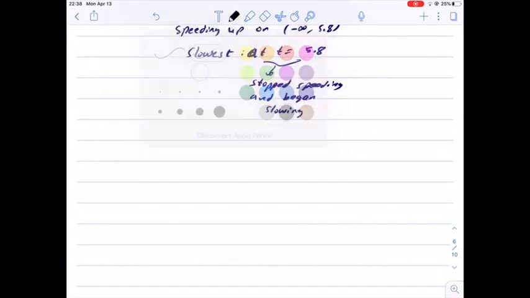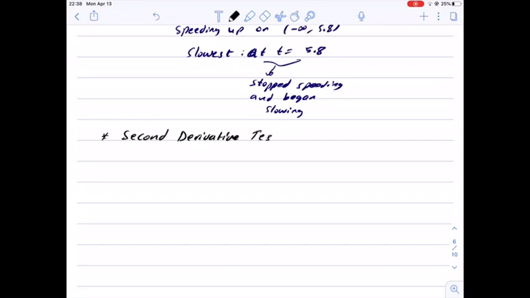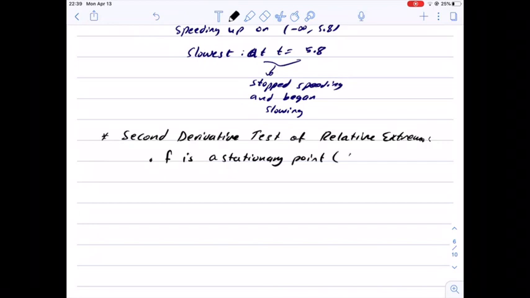Now the last part of this lecture is about the second derivative test, the second derivative test of relative extrema. Here we suppose that f has a stationary point. By stationary point I mean the derivative is equal to 0.